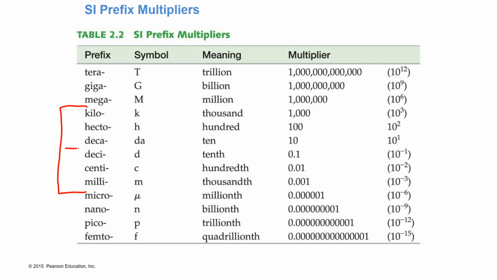And then also, I'm going to draw a line right here. Right in between deca and deci is where our base lies. And I use these exponents more than I use the decimals and all of that.